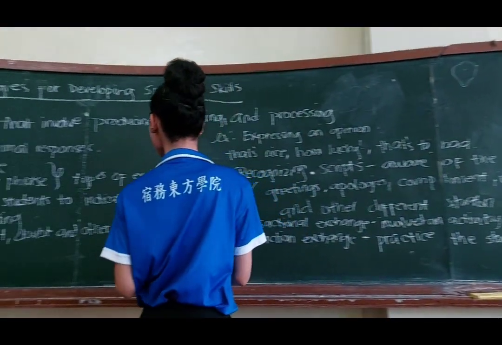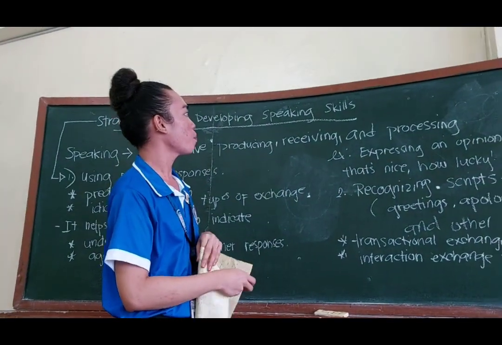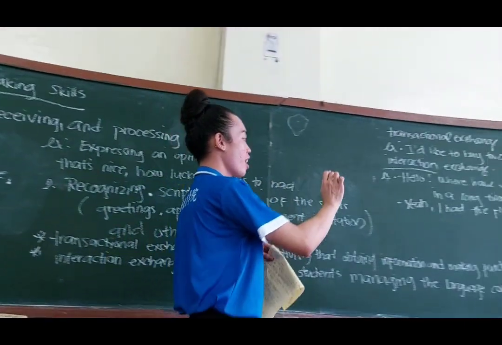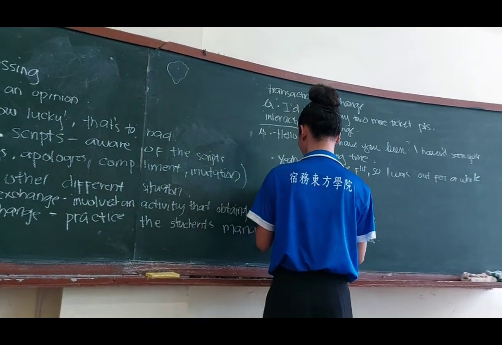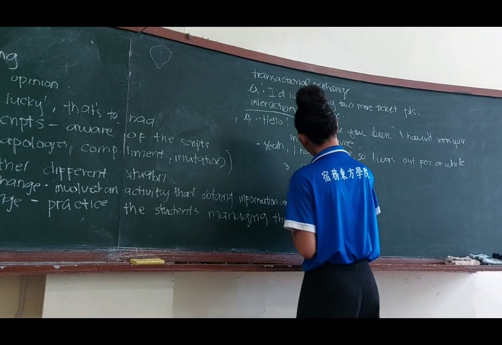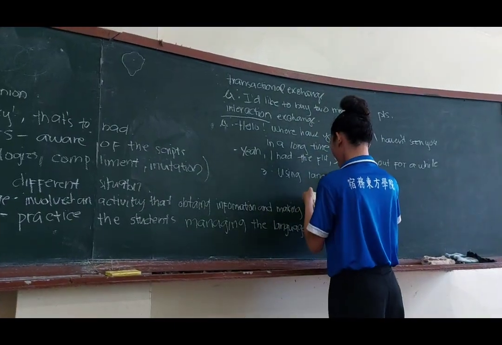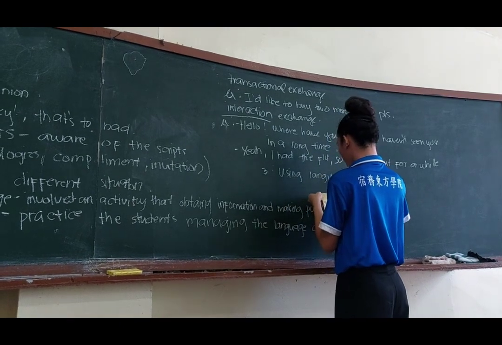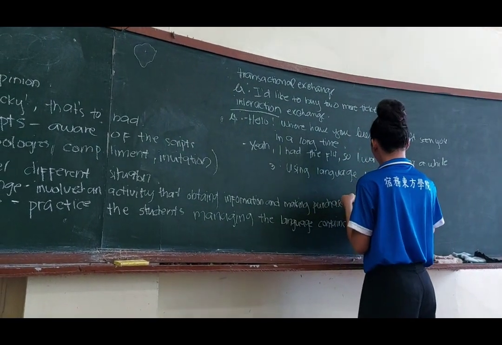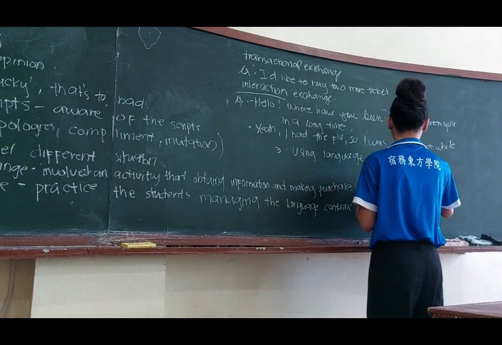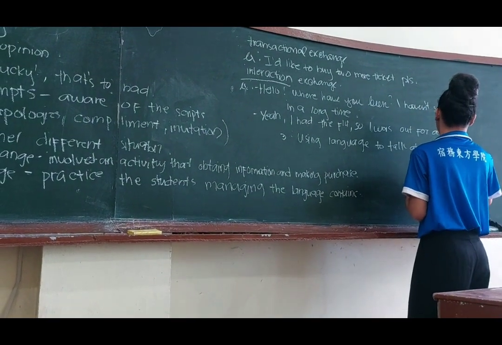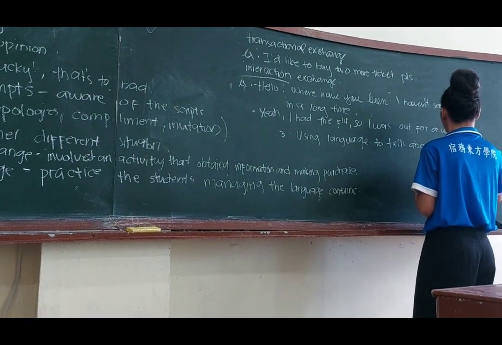And then the last strategy for developing speaking skills is using language to talk about language. So that is the third one.